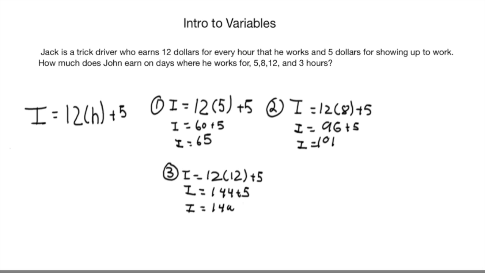And for our fourth problem in this equation set, we have income equals 12 times the amount of hours he works, which is 3, plus 5. I equals 36, which is 12 times 3, plus 5. I equals 41.